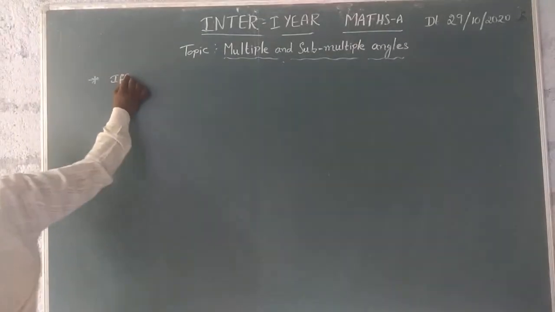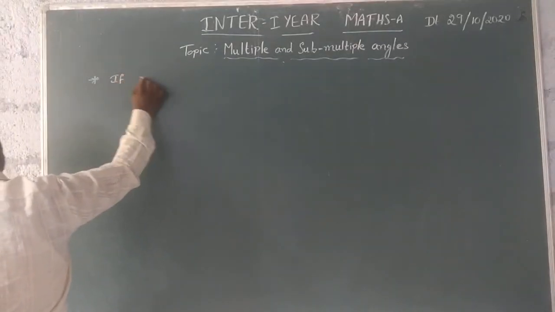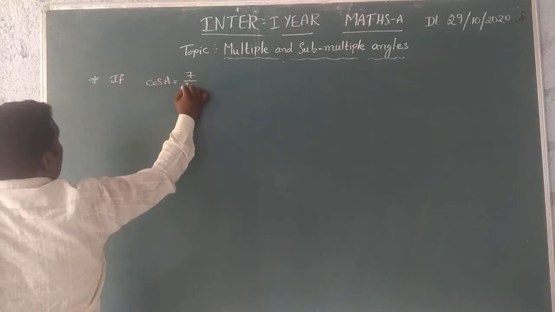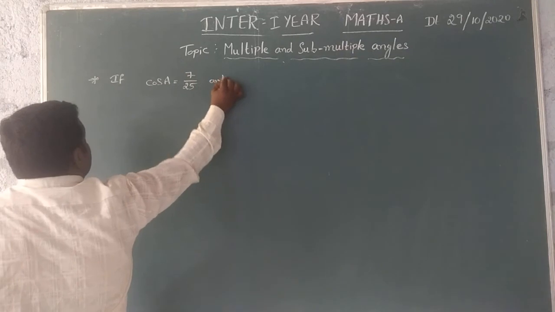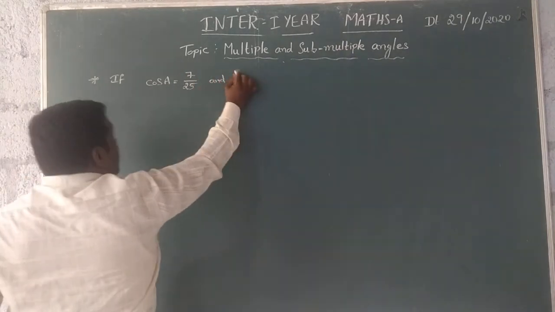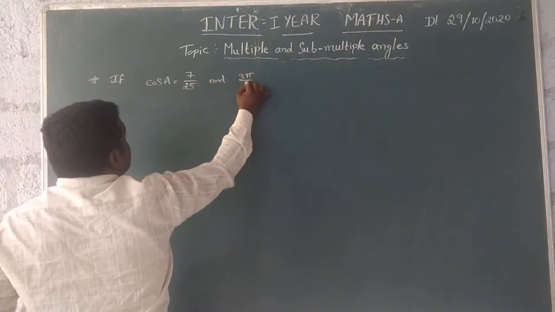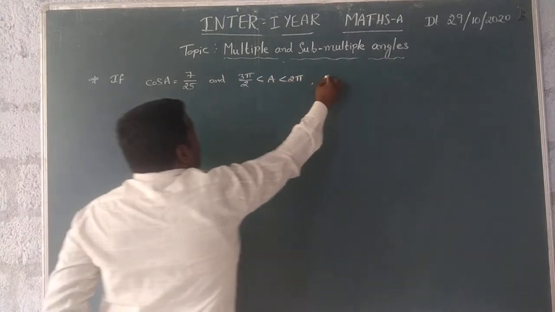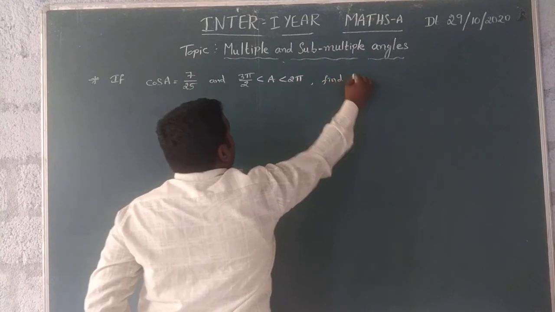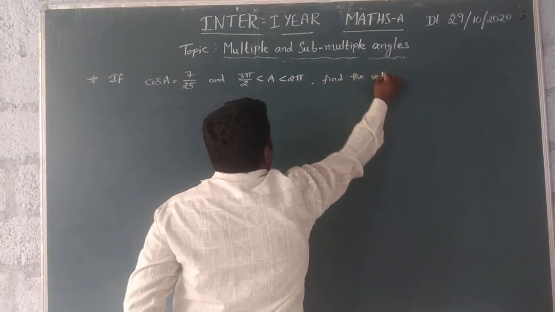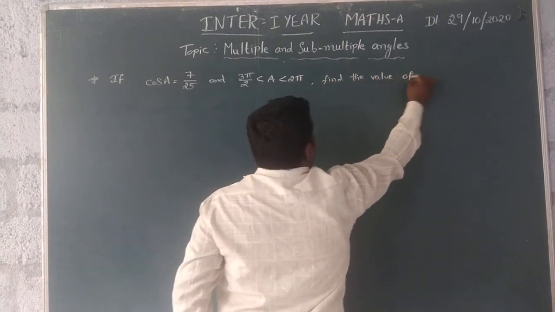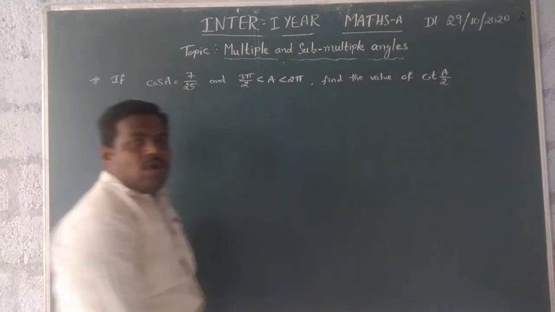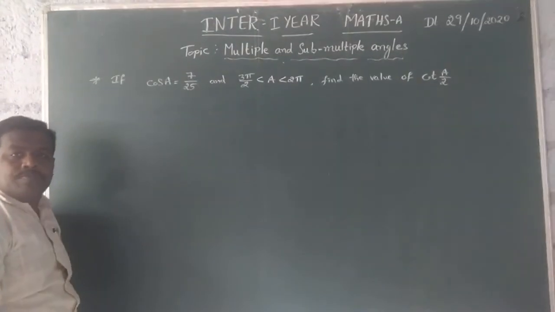If cos A is equal to 7 by 25 and 3 pi by 2 less than A less than 2 pi, find the value of cot A by 2. Find the value of cot A by 2.